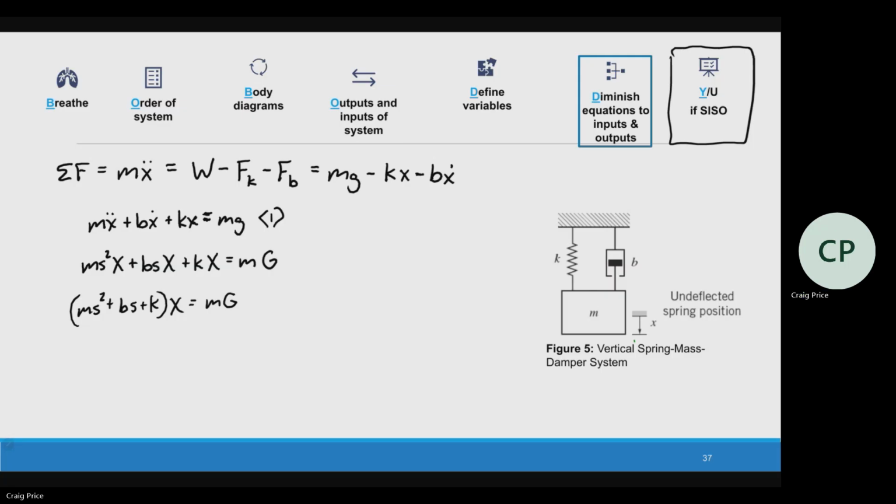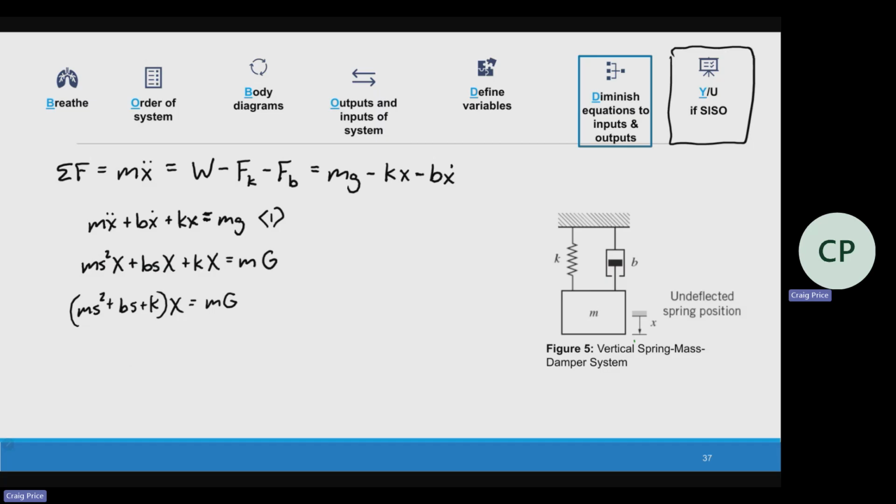Because the heavier object is going to go farther, right? So we don't want them to hit the river or anything like that. So I would actually say, instead of total weight being the input, it really is just gravity. Gravity is what's driving this. Gravity is my input.